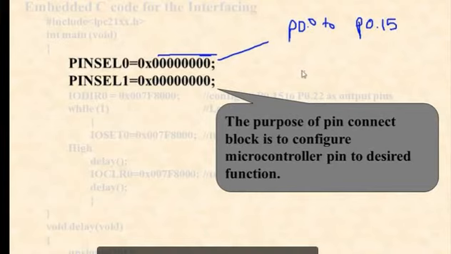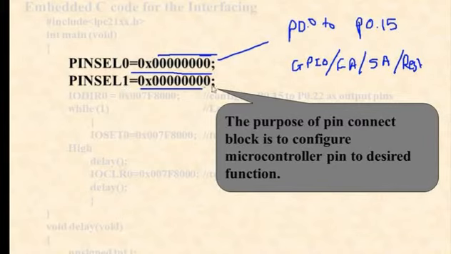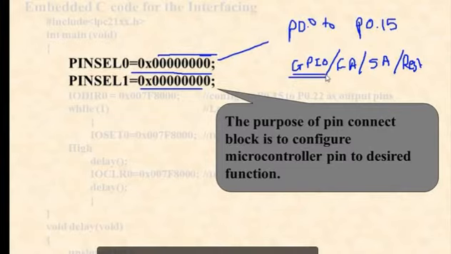We have seen in LPC2148 that the first function is GPIO, then the first alternate function, then the second alternate function, then reserved. So using these instructions, you can make all pins GPIO, general purpose input output.